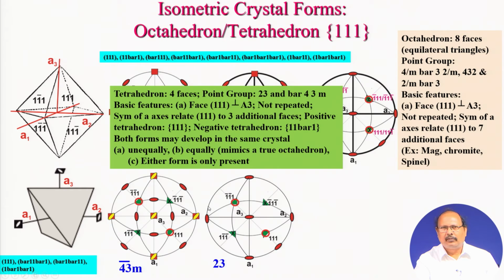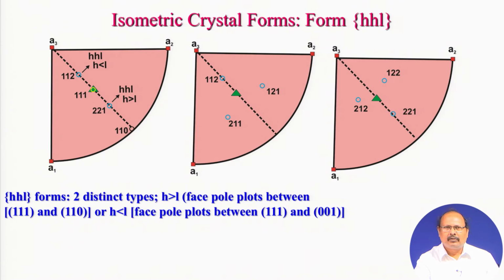Okay. So now we have concluded the octahedron and tetrahedron crystal forms in an isometric crystal system. Let us now study another type of form which intersects all 3 crystallographic axes, and the only important thing here is that it is not intersecting all the crystallographic axes at equal lengths.